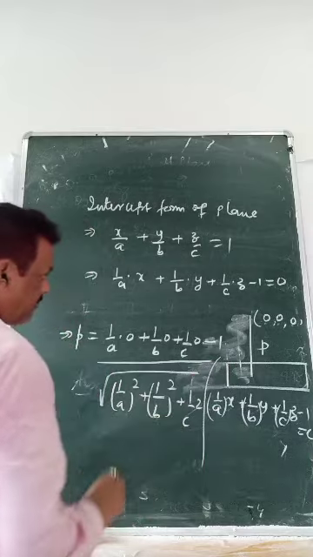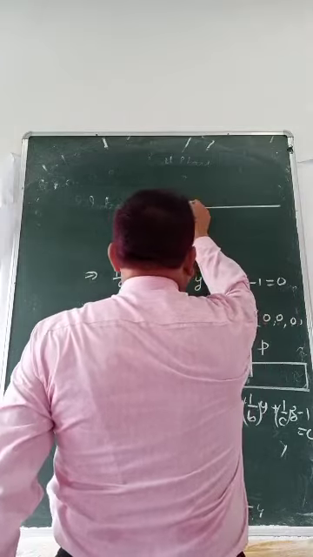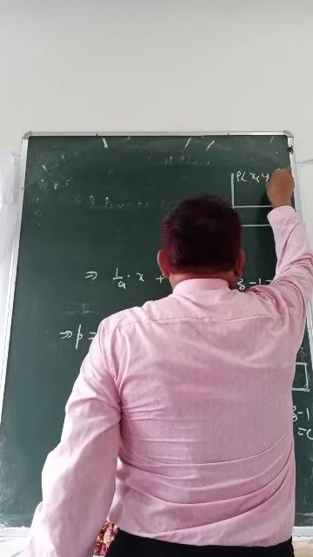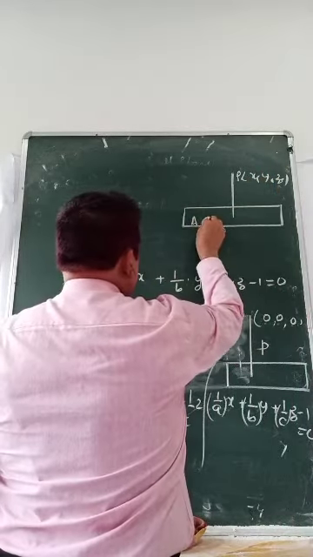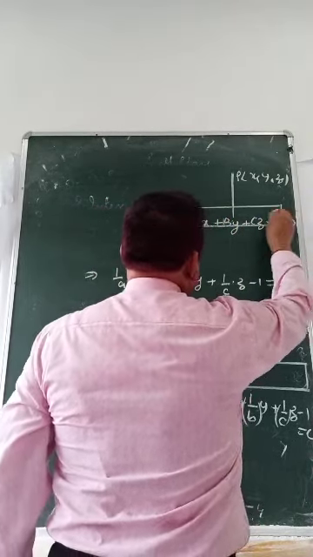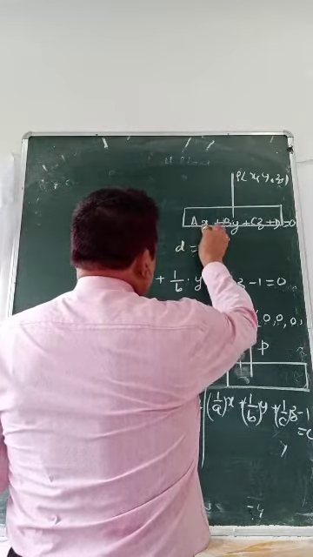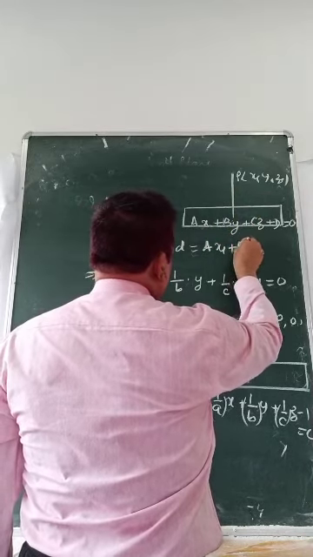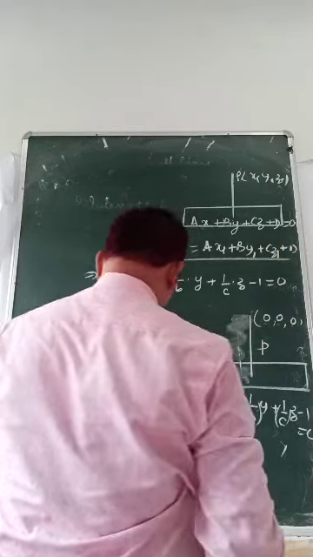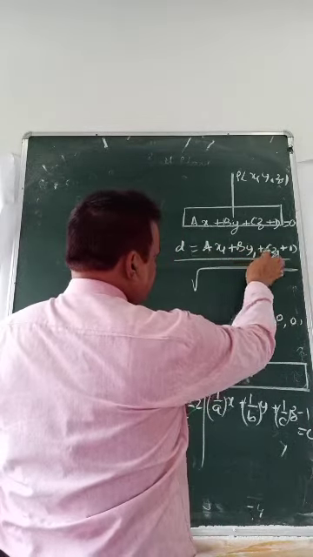Can you remember where it came from? I am reminding you again, I told you this formula. If this is the point (x1, y1, z1) and the plane is ax + by + cz + d = 0, what was the formula? The distance was ax1 + by1 + cz1 + d divided by root of a square plus b square plus c square.